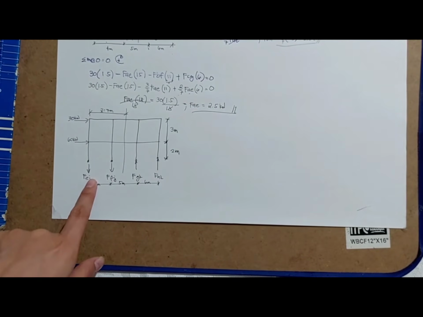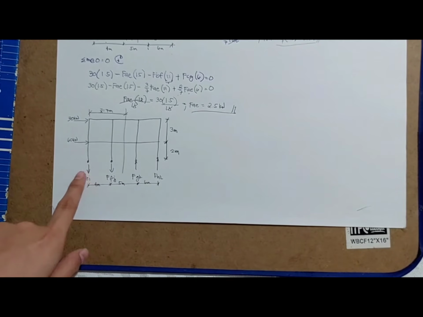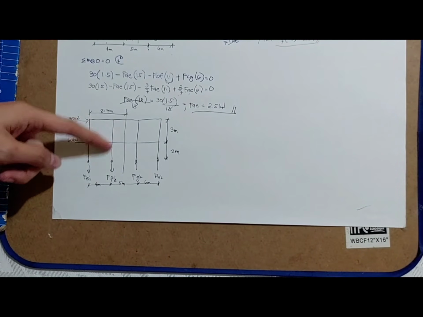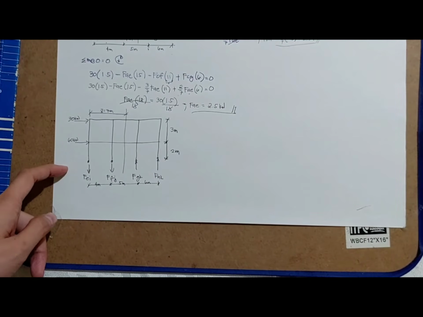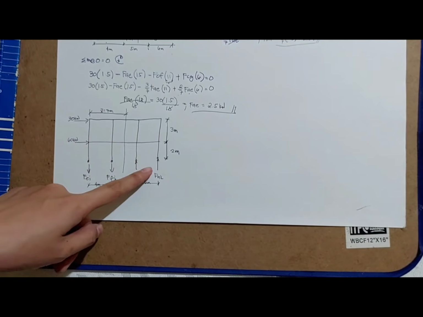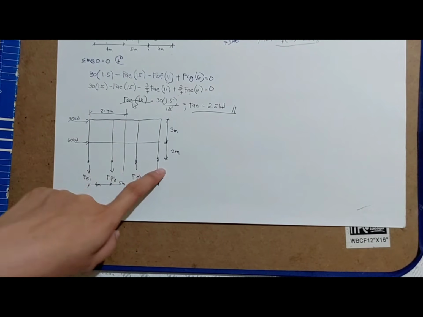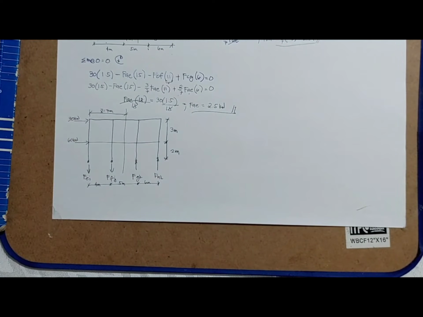So, as you can see, force EI, FFJ, FGK, and FHL. The arrows are the same: this is downwards, this is upwards, and we have additional loads, which are 60 kilonewton and 30 kilonewton. We have 3 meters, and of course, in the middle where we cut, we have the point of inflection. Also, the height would be 2 meters.